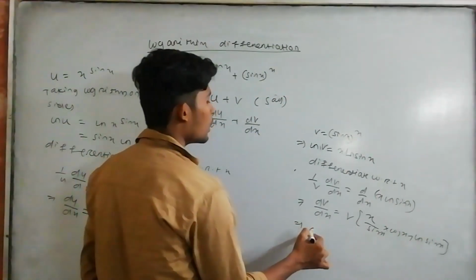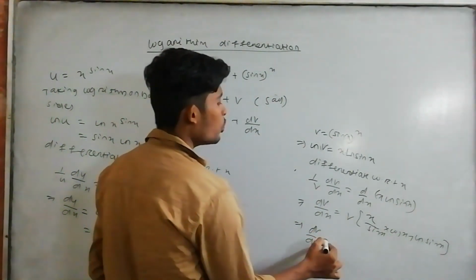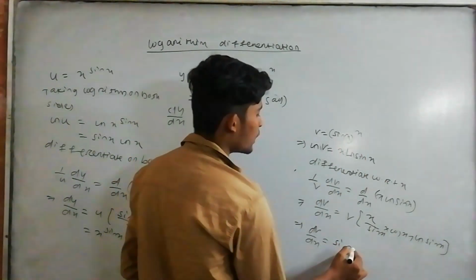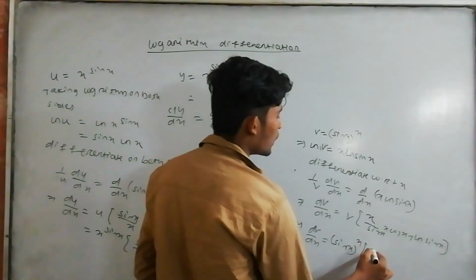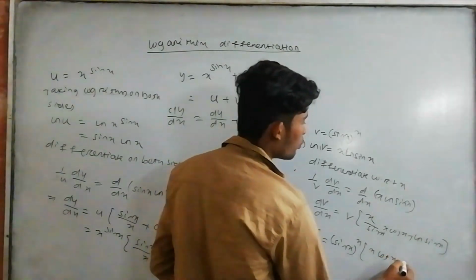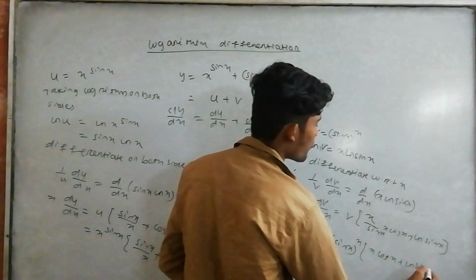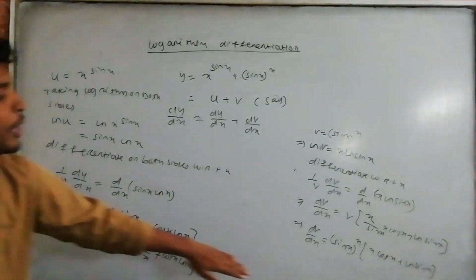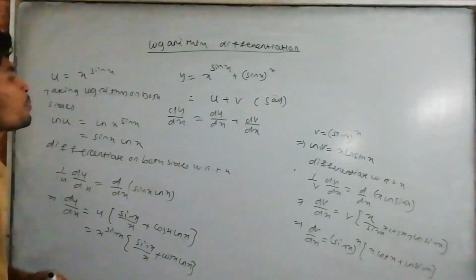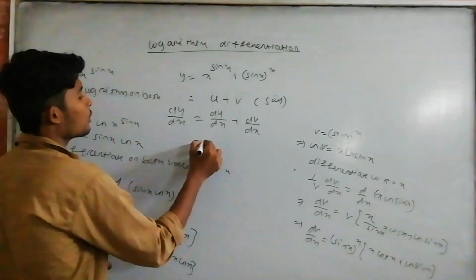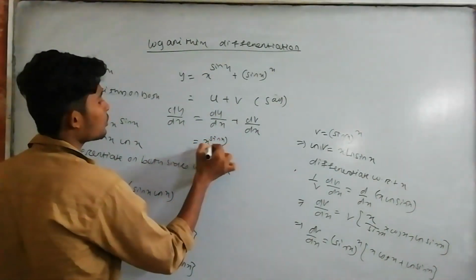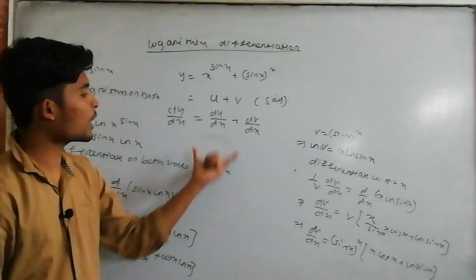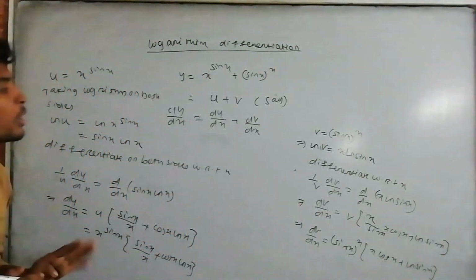So what we get? dp/dx, and we know the value of v. The value of v is sin x to the power x, so dp/dx is sin x to the power x times (x cot x plus ln sin x). Here we get du/dx and dp/dx. Simply write du/dx, which is x to the power sin x, take this function from here and that function from there, and you can solve.